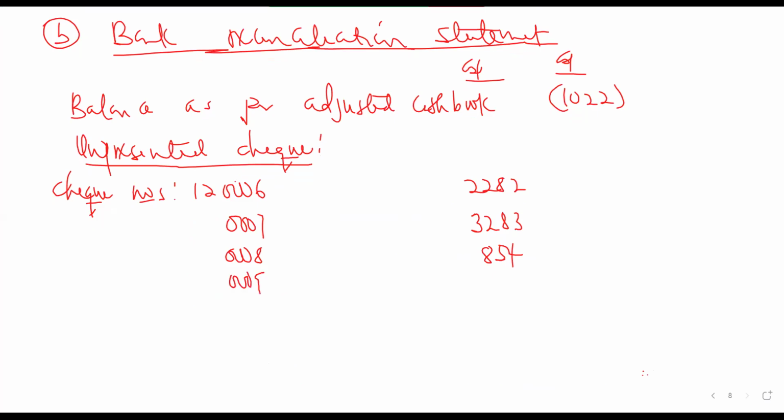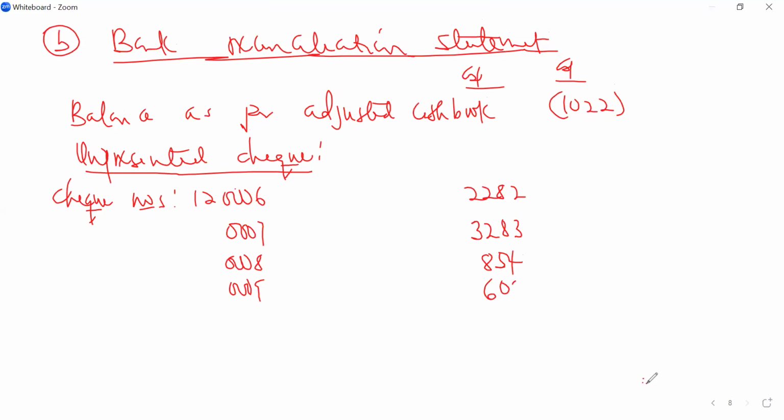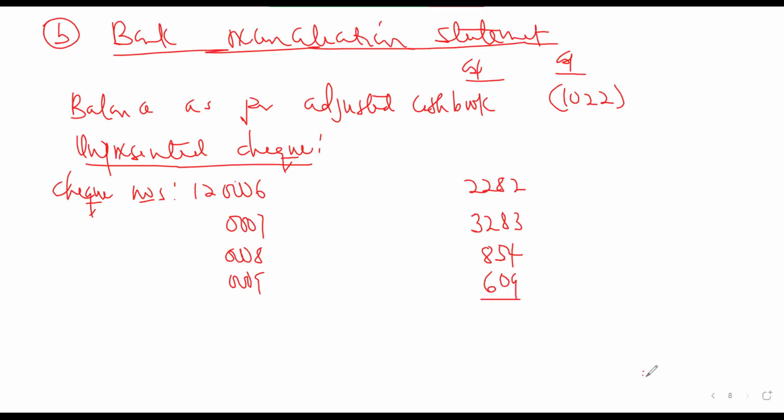How much is the amount for 8009? Okay, that will be 609. If we put them together, what are we having? I'm having 7028. Is that correct? Yeah.